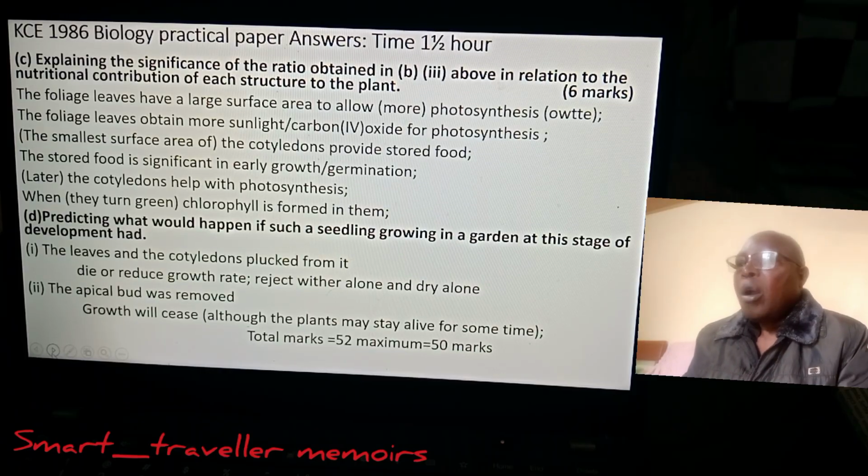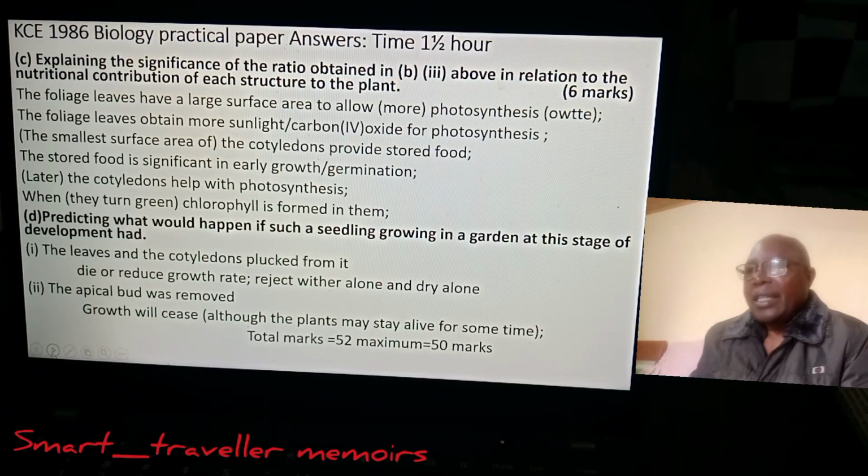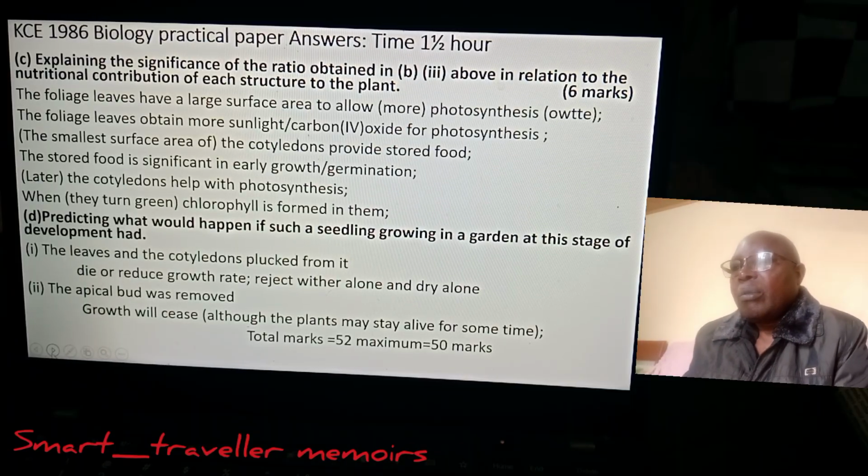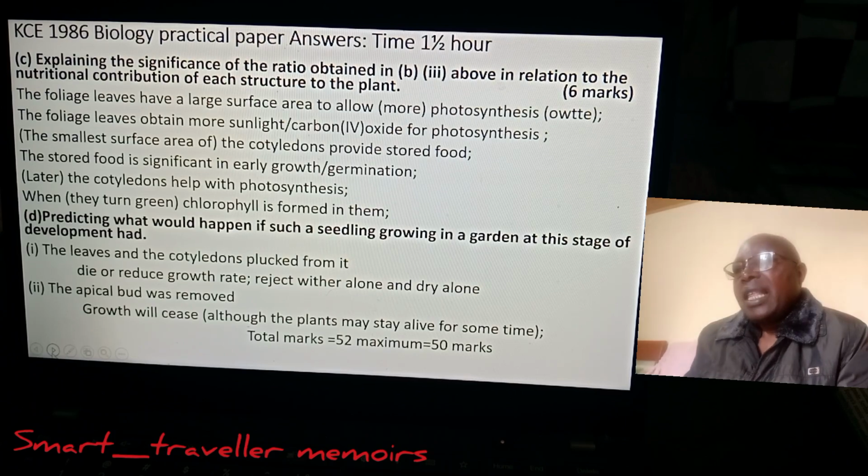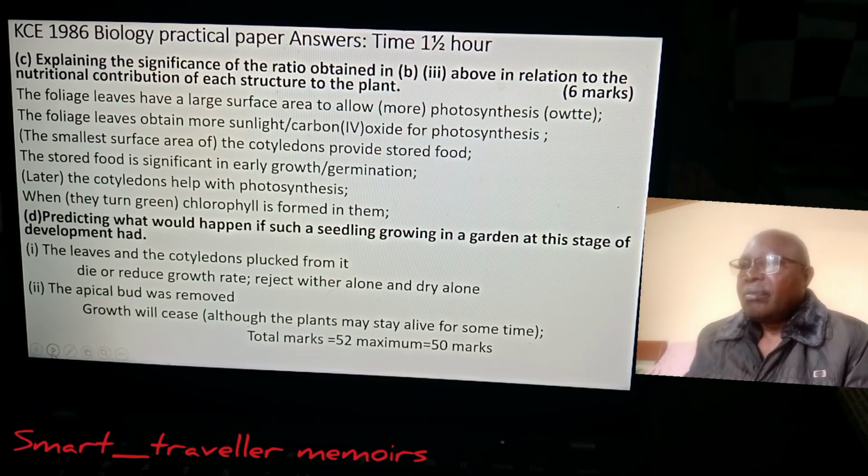D. Predicting what would happen if such a seedling growing in a garden at this stage of development had its leaves plucked. Roman 1. The leaves and the cotyledons plucked from it die or reduce growth rate. Please reject wither alone and dry alone. Don't say when you pluck they dry.